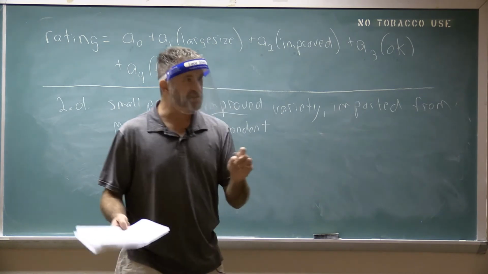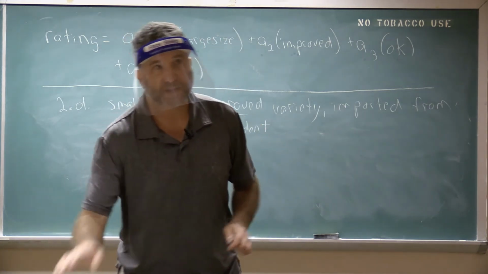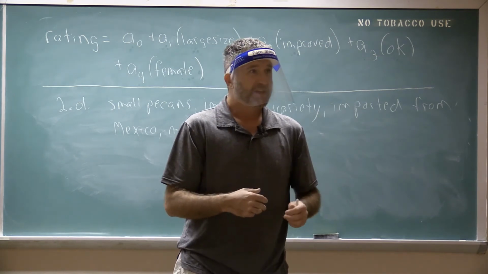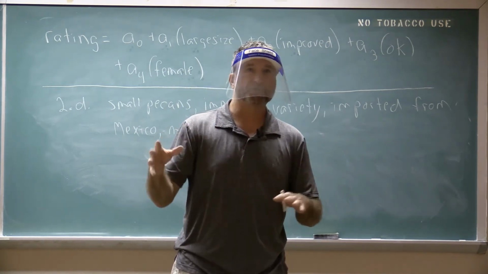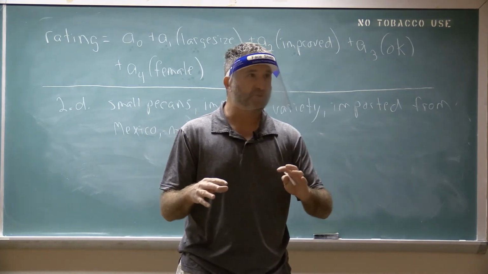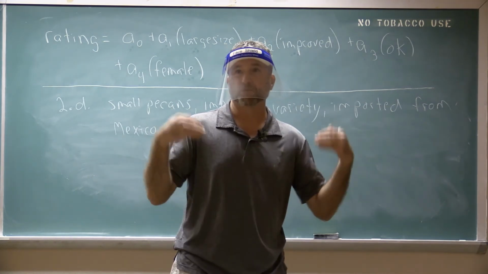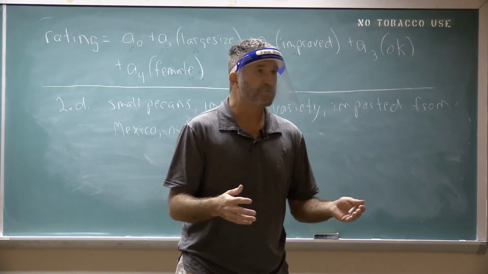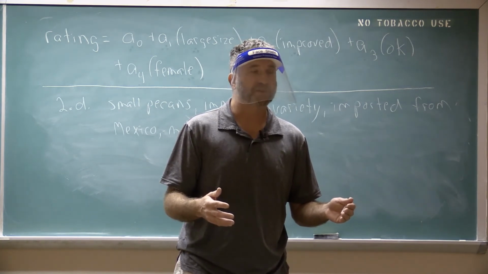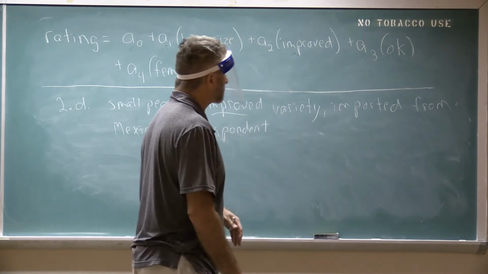And as an aside, what we just did is we looked at the impact of increasing the size of the pecans. And even though it seemed like we were assuming a male respondent at the time, and we kind of were, you get the same result regardless of whether you're looking at male or female respondents. So what if we said, well, now we're comparing the impact of a larger pecan size for females?